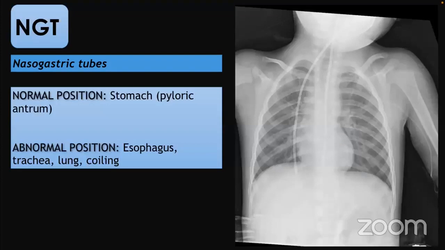In this film, we have the nasogastric tube. It's seen in the distal part of the esophagus, so it's not crossing the diaphragm. It's seen at a high position and needs to be repositioned.